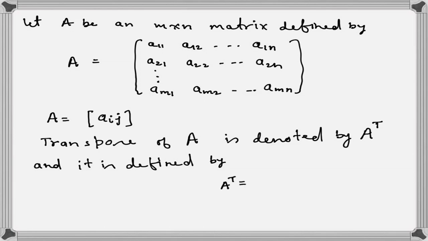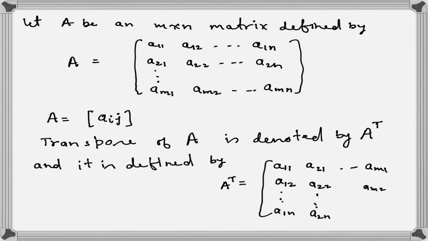That means A transpose is equal to A11, A12, A1n, in the first column is replaced by the first row. Similarly, the second column is replaced by the second row, A21, A22, A2n, AM1, AM2, AMN.